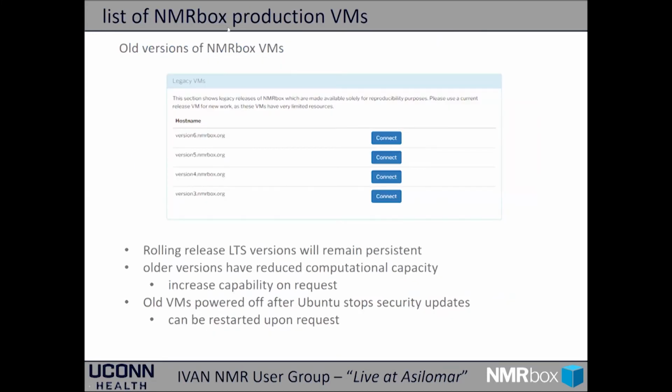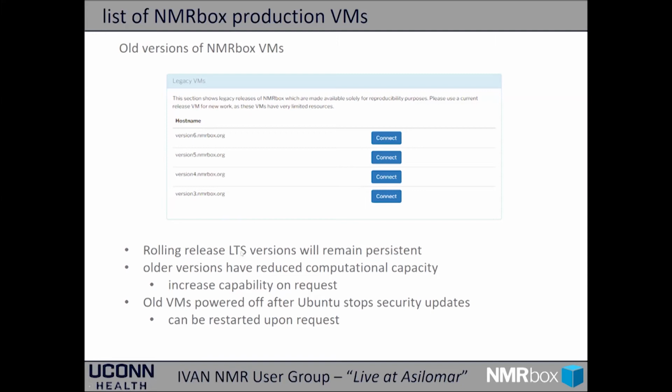As I said, the long-term support versions, or our older versions, stay persistent. So currently we're running versions 3, 4, 5, 6. We've recently gone to our rolling release model, so the version numbers are going to be a little bit different than just version 1, 2, 3, 4, 5, 6. But you can connect to our older versions.